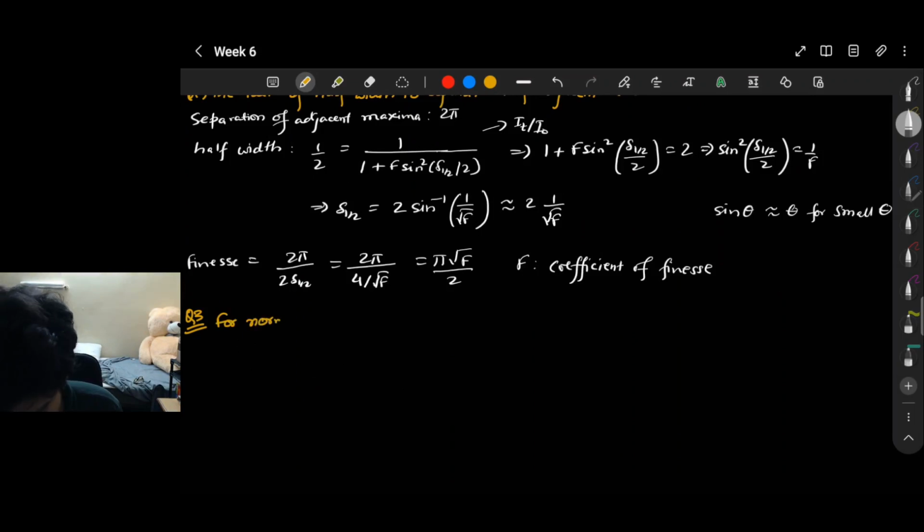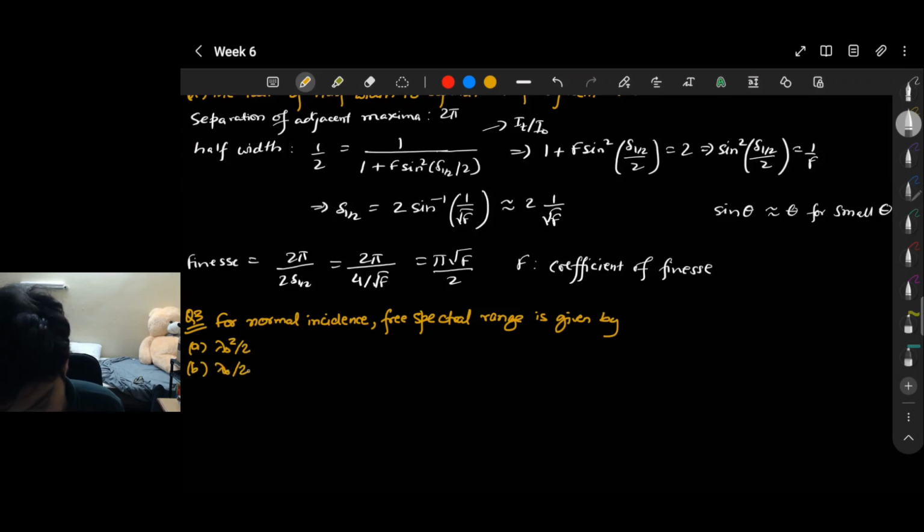For normal incidence, free spectral range is given by option A, lambda naught squared by 2, option B, lambda naught over 2 NFD, option C, 1 over 2 NFD.